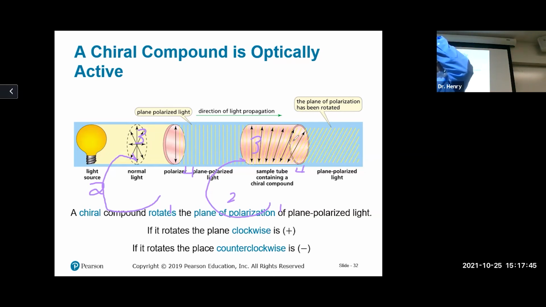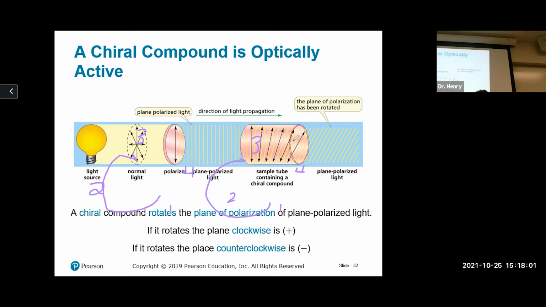Does that make sense? But you can't actually do all of that part. I would have to give you a polarization picture to let you know whether it's positive or negative. That would be the only way you can tell.